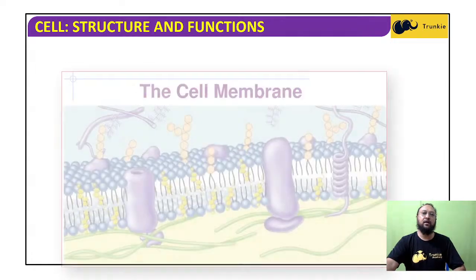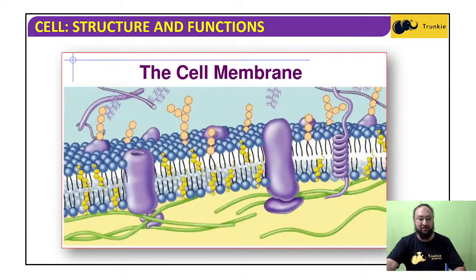Now, we'll study the cell membrane in detail. It's not very simple; it's a layer of chemical substances, and it is a very complex and very important part of the cell because it plays an important role in the movement of molecules in and out of the cell, the entry and exit.